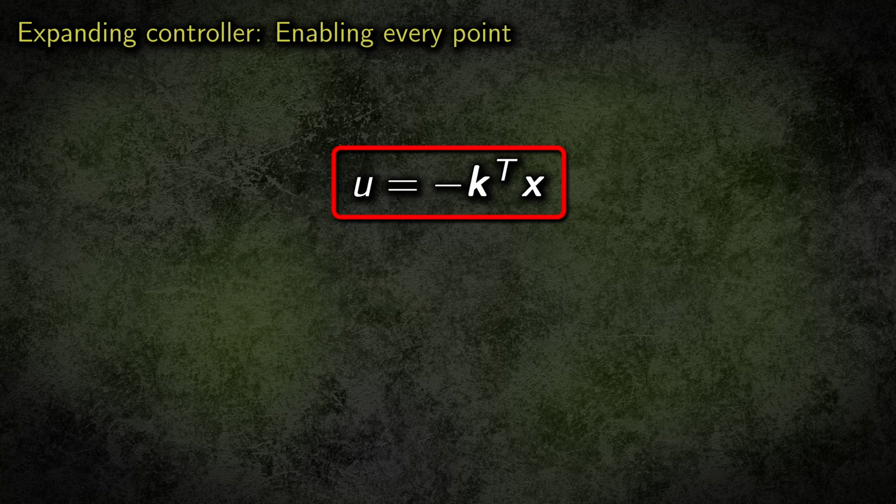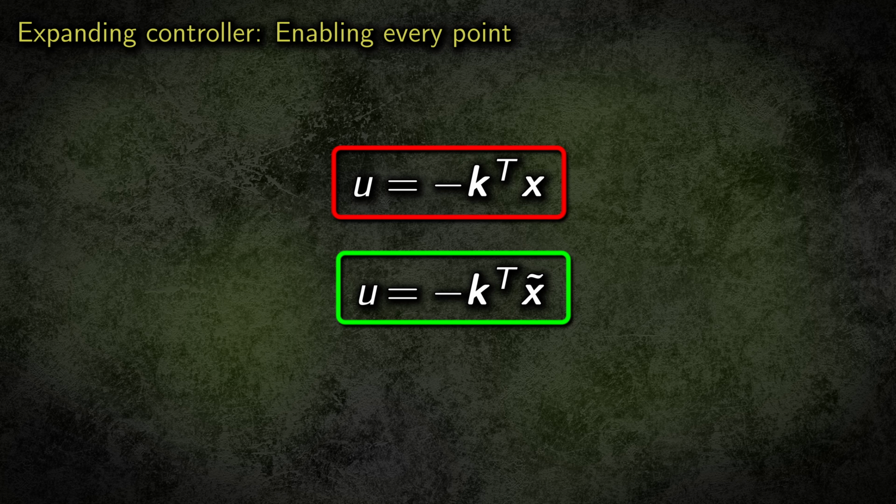In the last video I showed you the controller looking like this here, where our control input U is equal to minus controller gains K times the state of the system. This equation is not wrong, but if we want to stabilize a point that is not equal to 0, we have to make a few changes. First, instead of using the state x, we use x tilde.